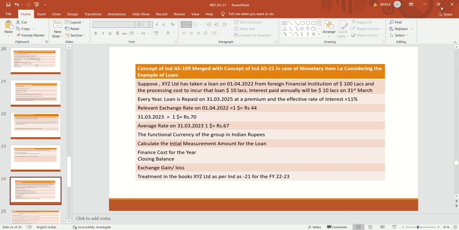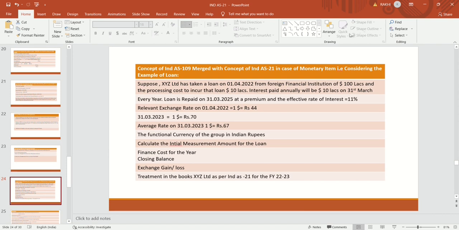How will we recognize this? Initial measurement amount of the loan, the finance cost during the year, the closing balance, exchange gain and loss, and its treatment in the books of XYZ Limited as per Ind AS 21 for the financial year 22-23.